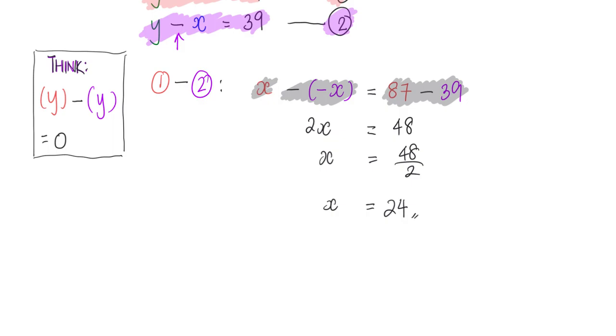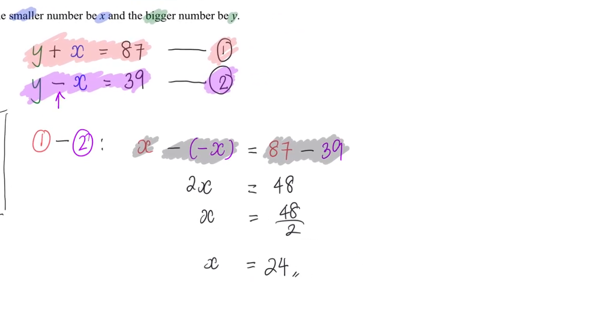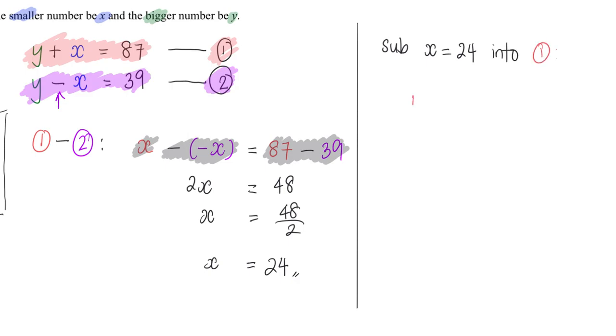Done. Now for my y. All we have to do is to just substitute into either equation 1 or 2. It does not matter. So looking at this, Mr. Tan is going to substitute into equation 1. Substitute x equals 24 into equation 1. In equation 1, I have y plus x equals 87.